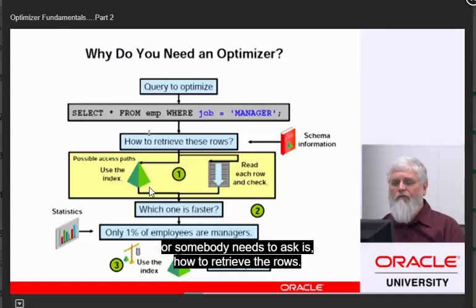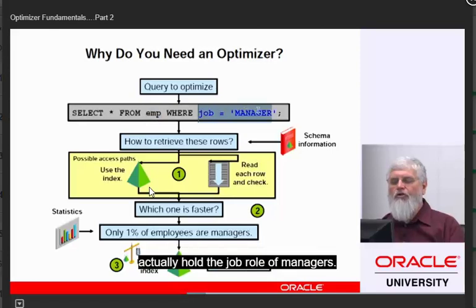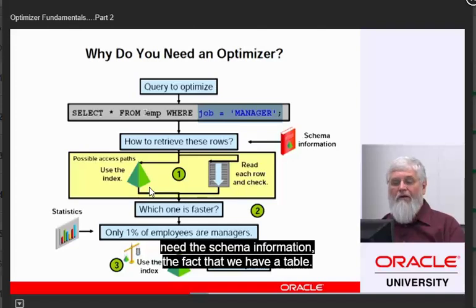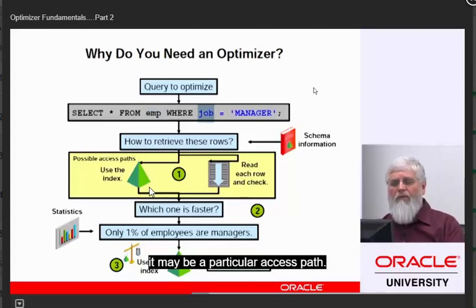Okay. And what will give us the information about that is the schema information, the fact that we have a table, and if on the table we have an index on the job, it may be a particular access path. If the index isn't usable, it can always do a full table scan of an employee table or any table to solve a query.